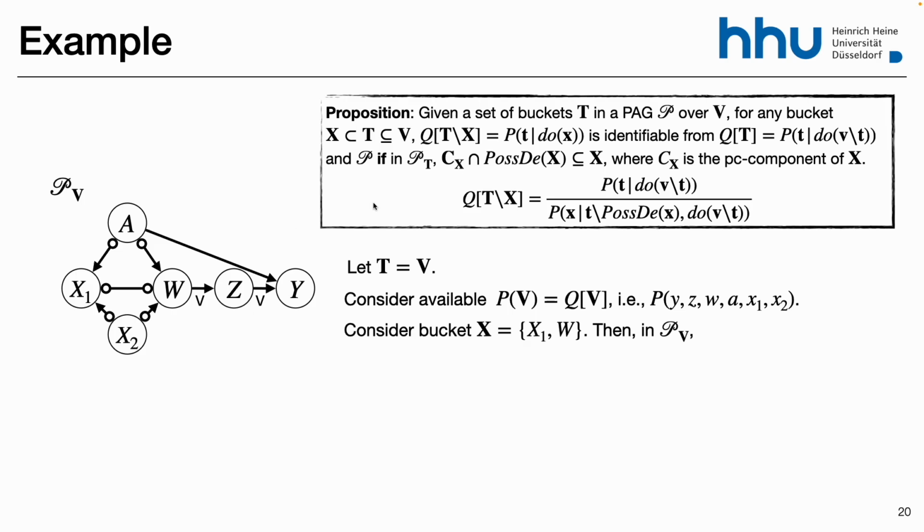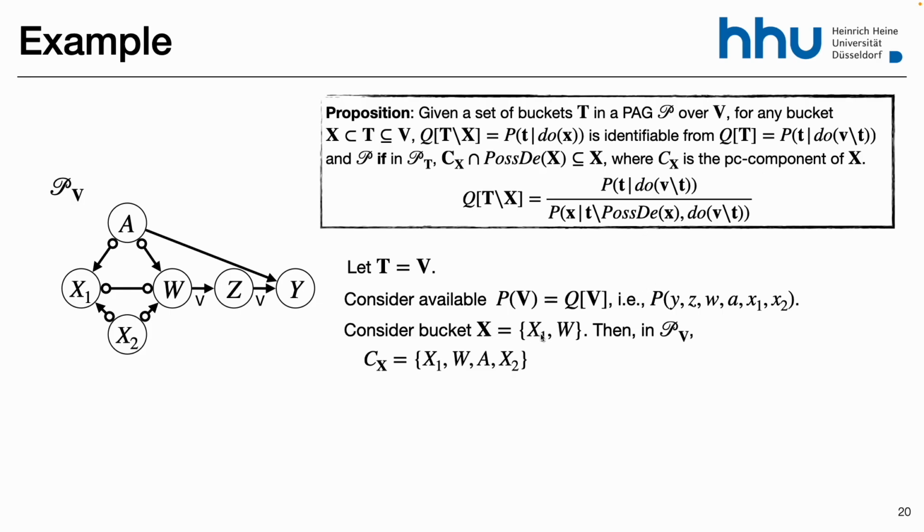The next step is to consider a bucket. So in this case, let's consider the bucket X equals {X1, W}. And in the graph PEG over T, which is just PV, which is this graph here, we have to compute the PC-components of every variable in X and then get the union.